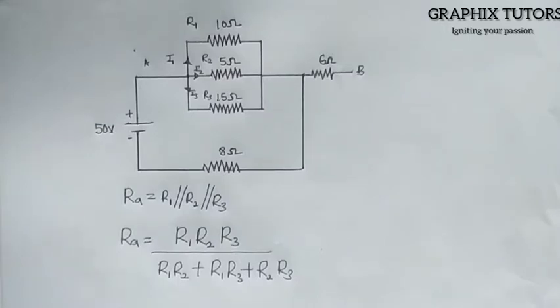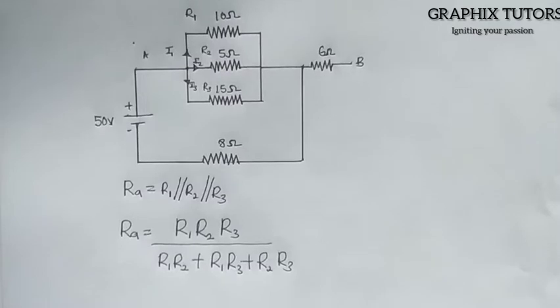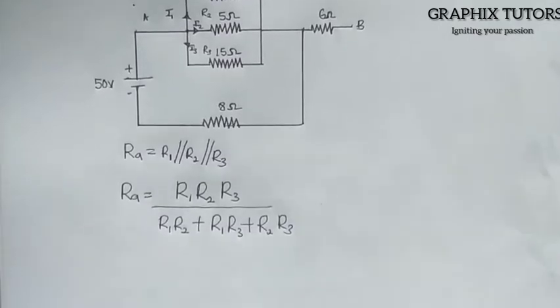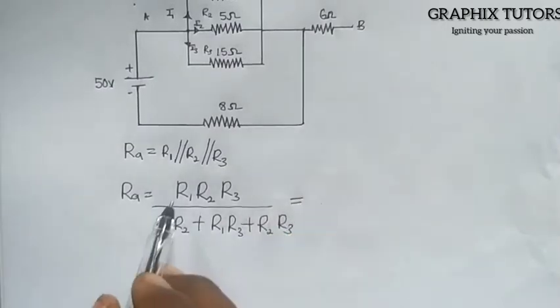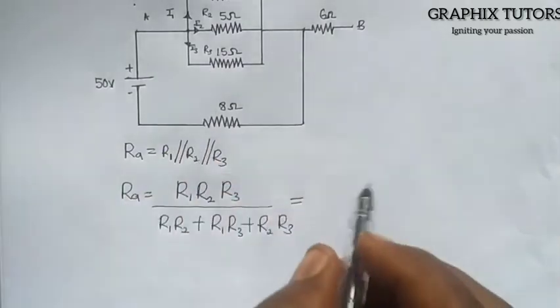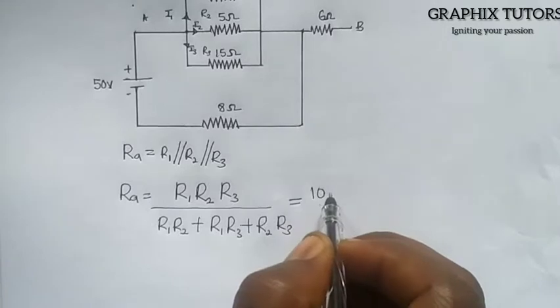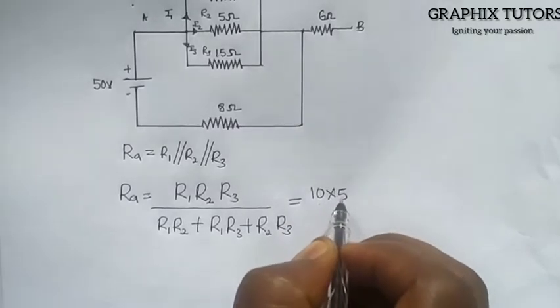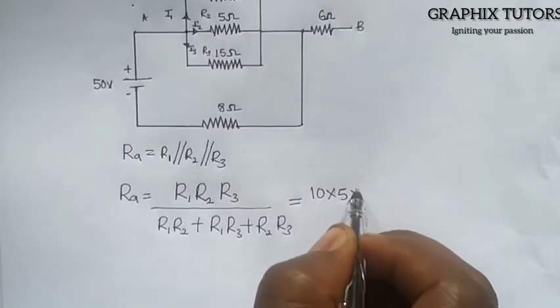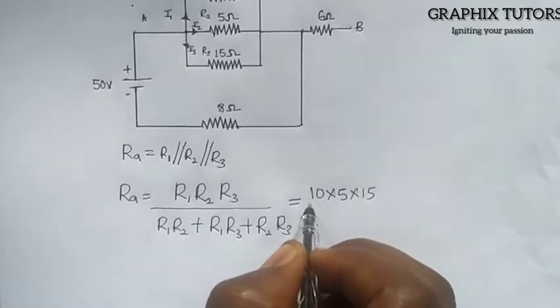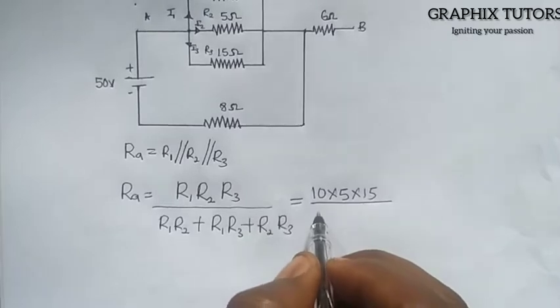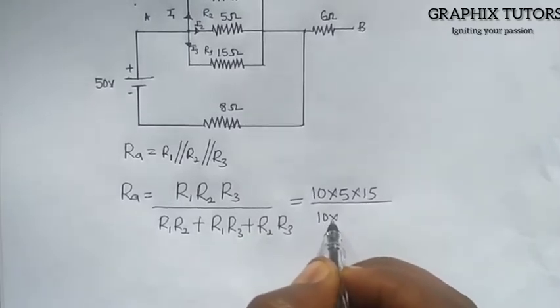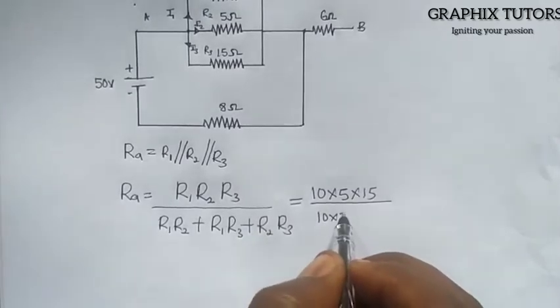Now my RA will be, what is my R1? My R1 is 10, my R2 is 5, my R3 is 15, all over my R1 is 10 times R2 is 5.